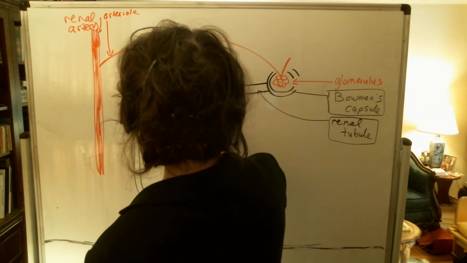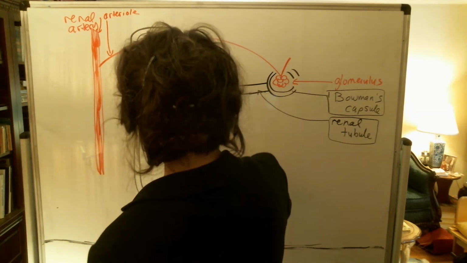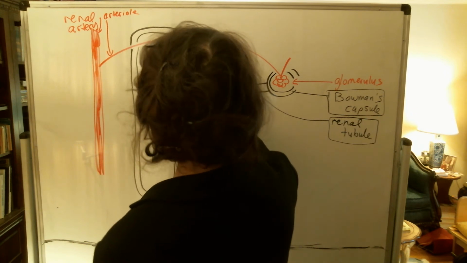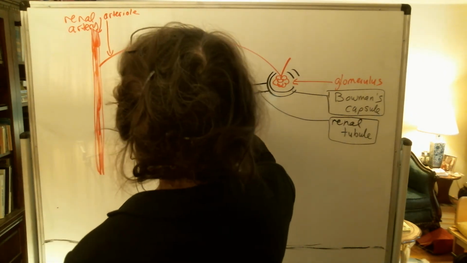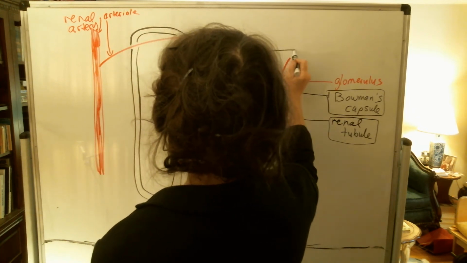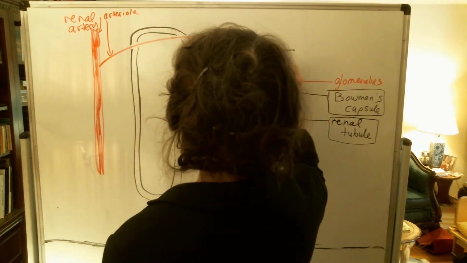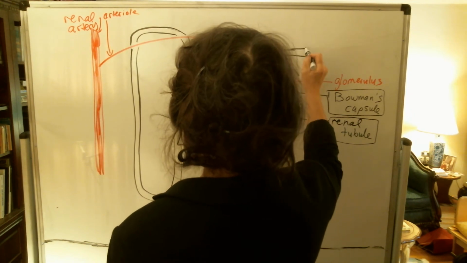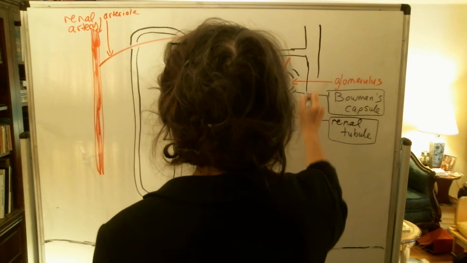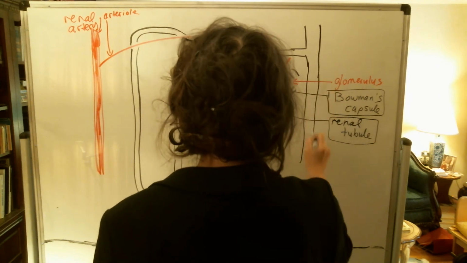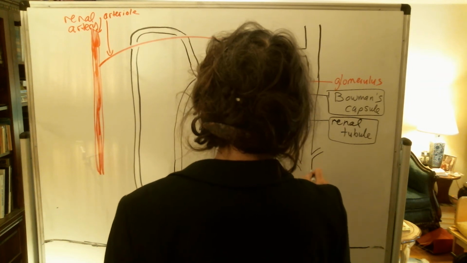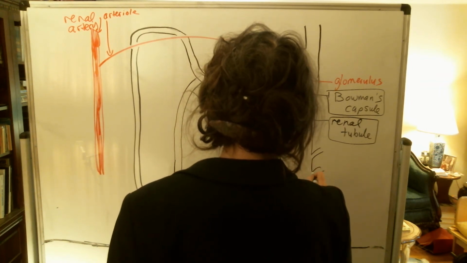Here we are again. You should be familiar with this now. So all of this now is the renal tubule. And here we have a collecting duct, right? With other renal tubules feeding into it at various times.